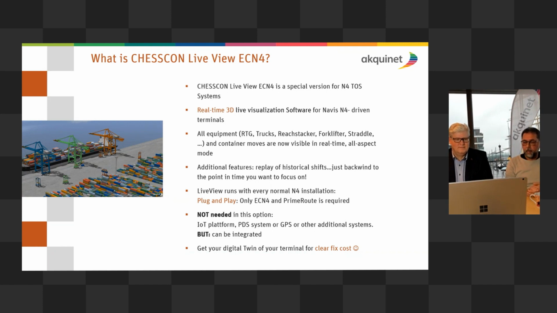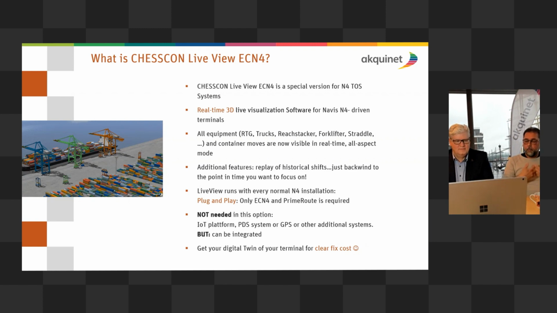You need only the ECN4 and the prime mode, not more. So nothing else, no IT platform. You don't need a PDS system. You don't need GPS or other things on the equipment side. It can be integrated because it's a special module of our Live View system.